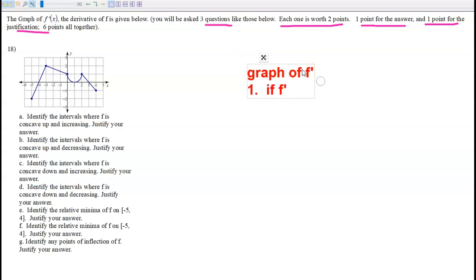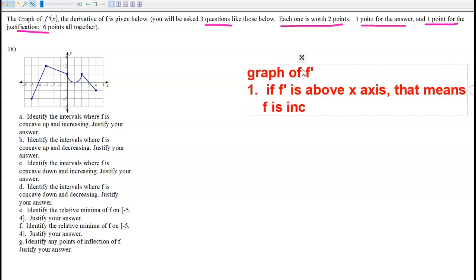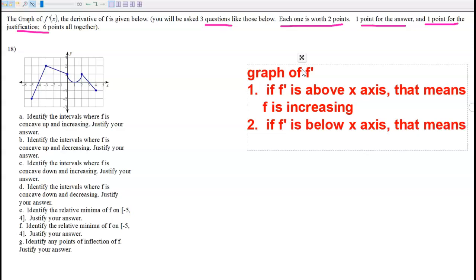If f prime is above the x-axis, that means f is increasing. Contrarily, if f prime is below the x-axis, that means f is decreasing.